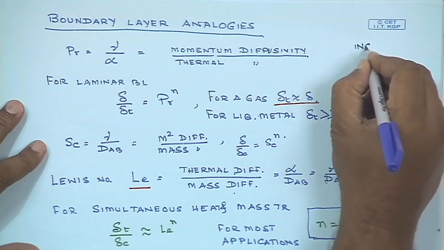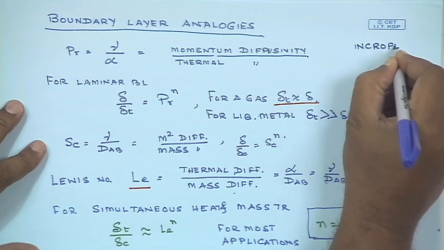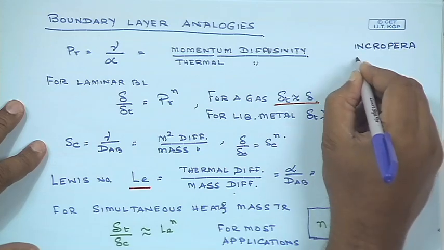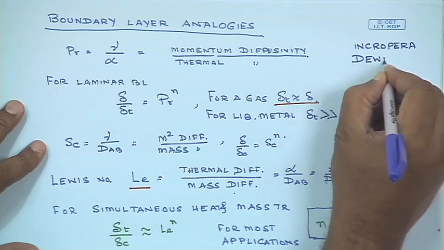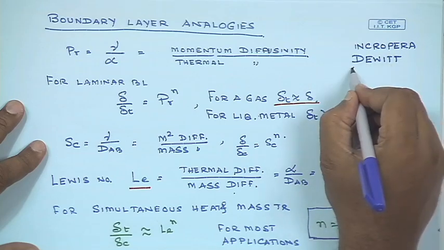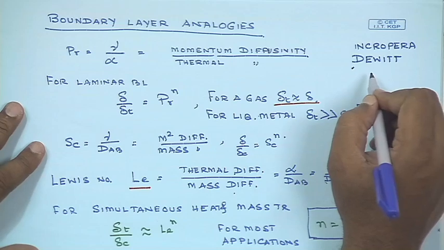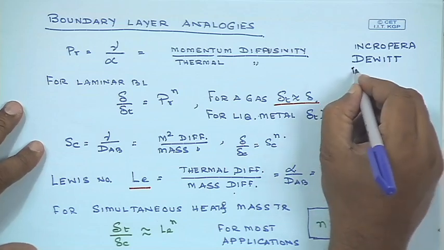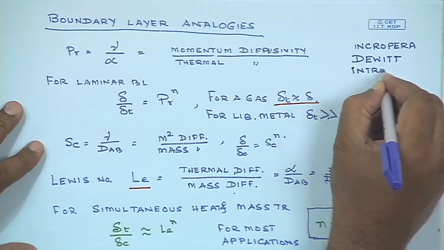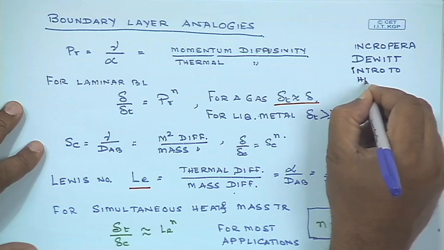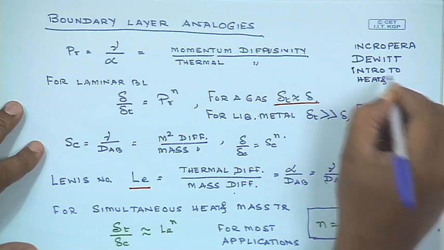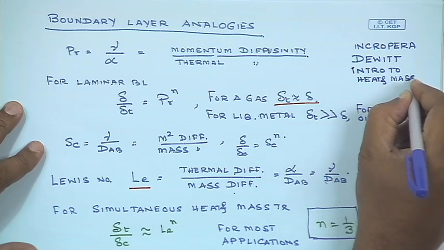Whatever I have taught in terms of the analogy is available in the book by Incropera and DeWitt, that I mentioned at the beginning as the textbook for this course. The name of the book is Introduction to Heat and Mass Transfer.